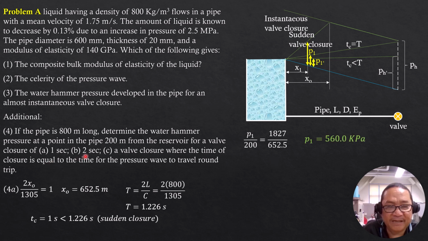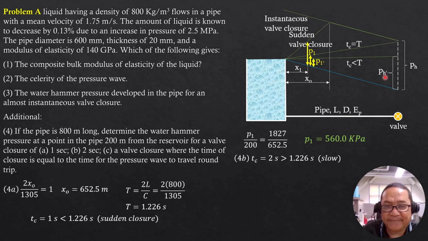For 4B, T sub C is 2 seconds. This is now greater than 1.226, so we have slow closure. So the maximum water hammer pressure would now be denoted by pH prime in the figure. And to solve for pH prime, we have to apply similar triangles.